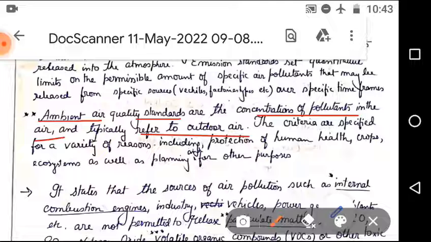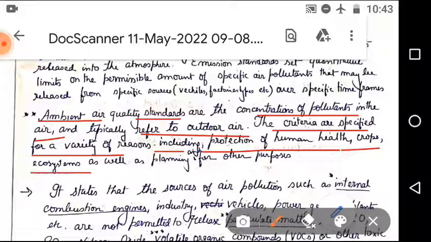The criteria are specified for a variety of reasons, like protection of human health, crops, and ecosystems, as well as planning and other purposes. Normally, ambient air quality standards are set up by the government for a particular purpose, like protection of human health.